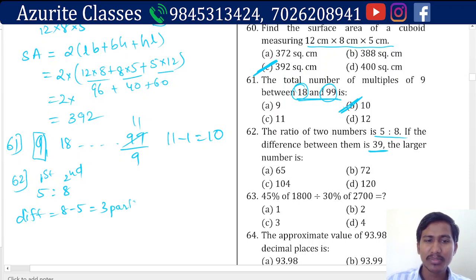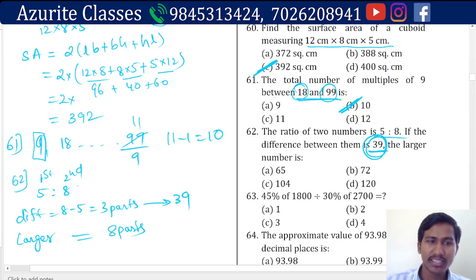So 3 parts is the difference, 39. So the larger number is how many parts? That is 8 parts, the second number, the larger number, 8 parts.